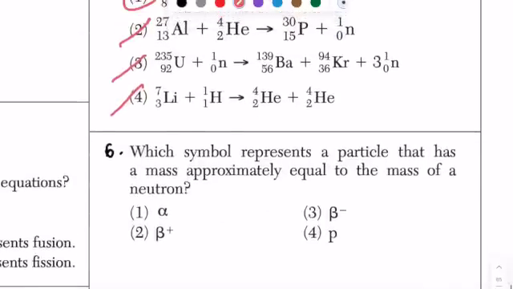Which symbol represents a particle that has a mass approximately equal to the mass of a neutron?